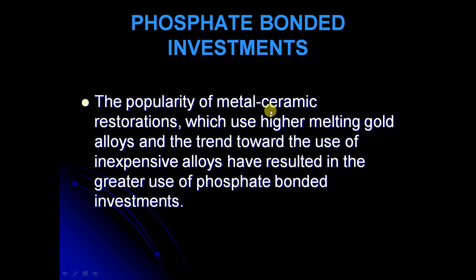The popularity of metal ceramic restorations, which use higher melting gold alloys, and the trend towards the use of inexpensive alloys have resulted in the greater use of phosphate bonded investment.